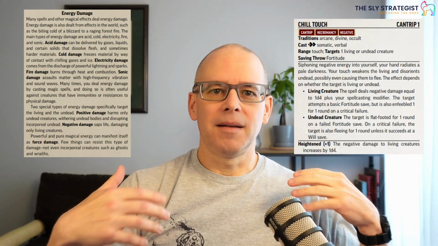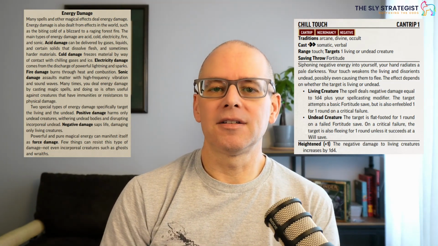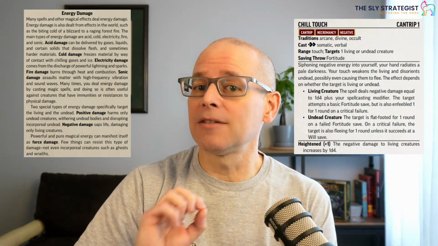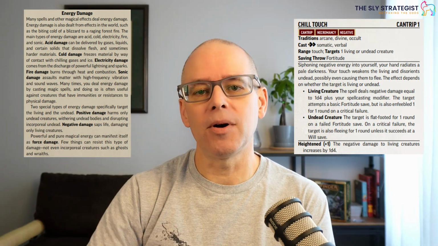So make sure you read your descriptions to see what everything does. Although negative does harm living, it does do things in this specific case to undead. So just keep all this in mind to make sure that you're reading everything that you have available to you for these particular types of damage.